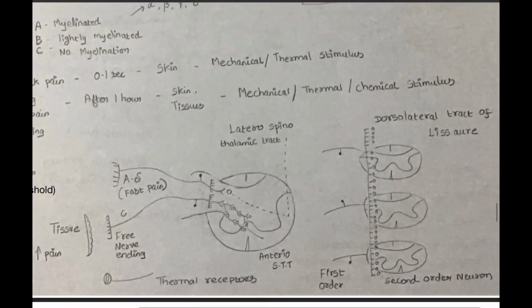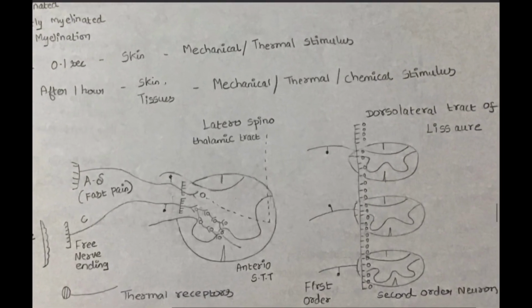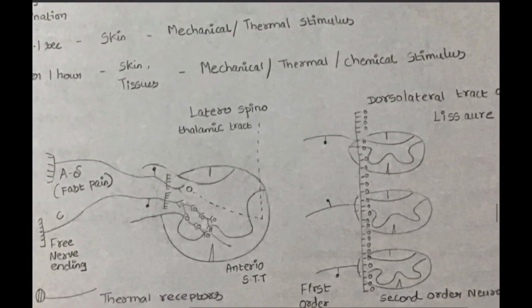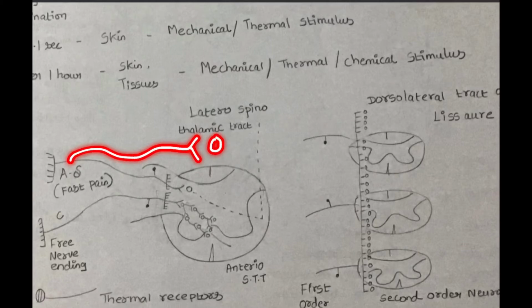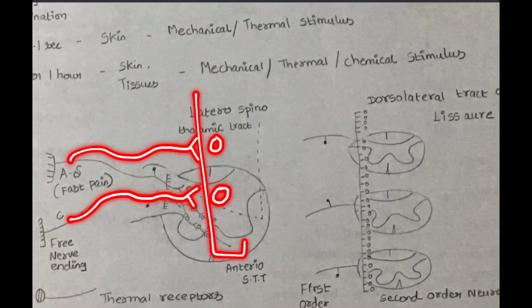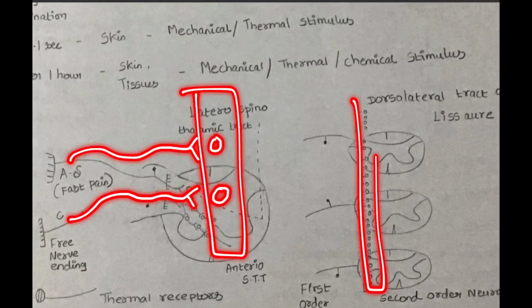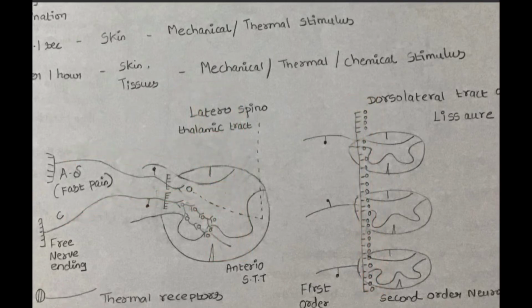Let me zoom in for you on the dorsolateral tract of Lissauer. Here the A delta fibers meet the second order neuron, and here the C nerve fibers meet the second order neuron, and this arrangement in the whole spinal cord we call the dorsolateral tract of Lissauer.